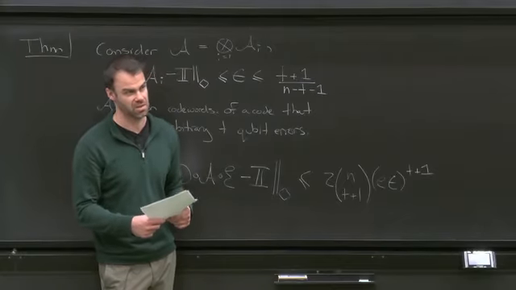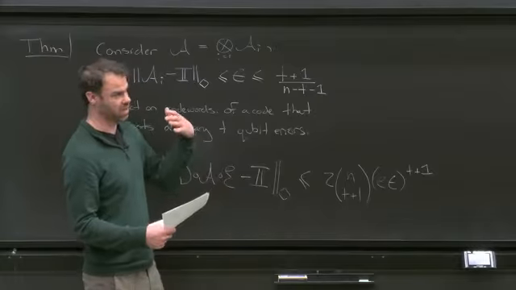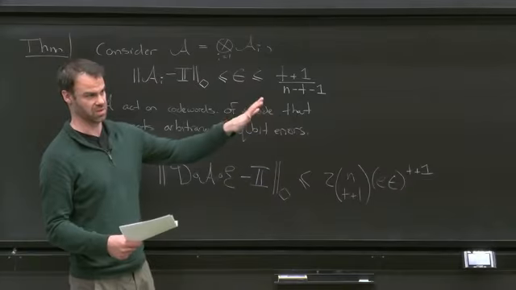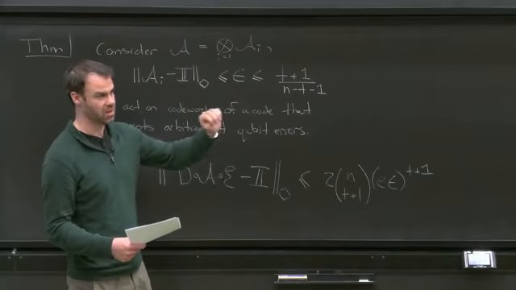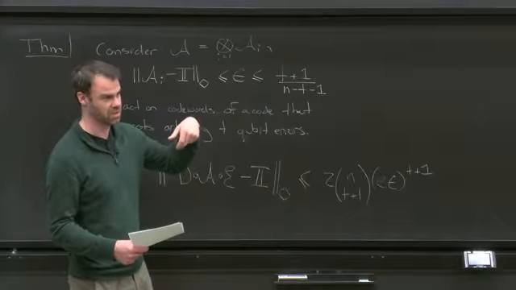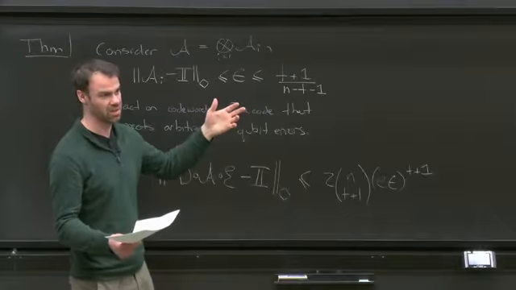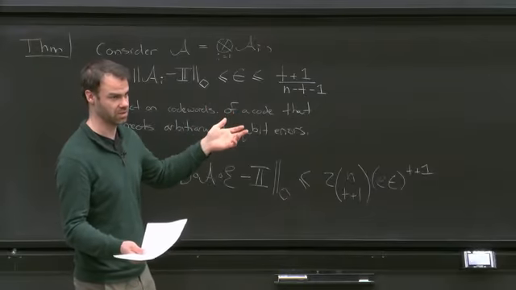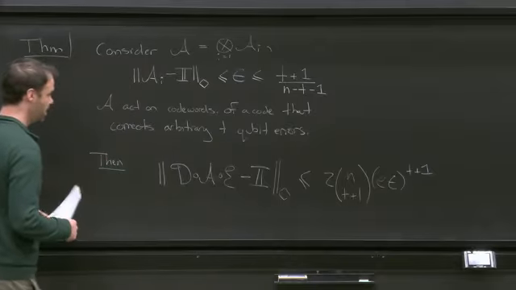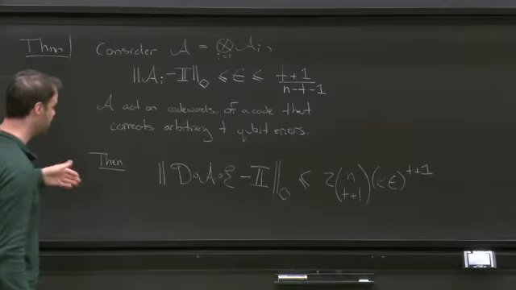Then the only errors I don't correct are the ones off on that tail of the Gaussian or of the binomial distribution, right? So the high weight ones are unlikely, and I correct all the low weight ones, and then typically I do well. I correct my noise. Okay. So this is saying a similar statement.